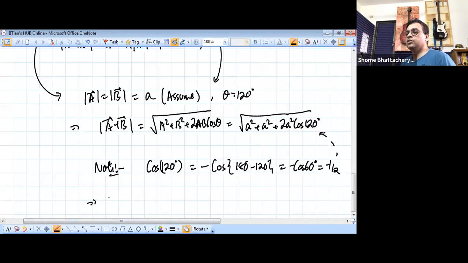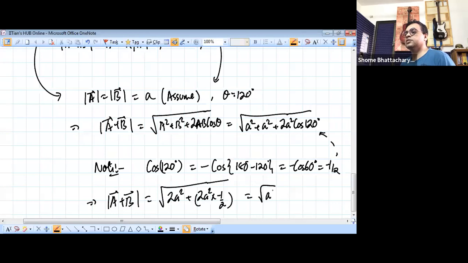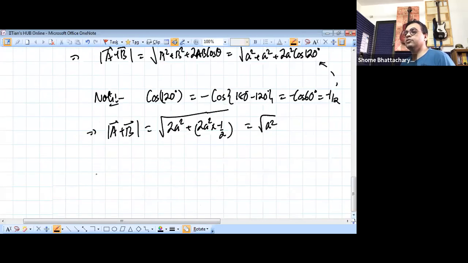So now you can see with that substitution, mod of A plus B is becoming square root of 2A square plus 2A square into minus half. So that is becoming A square inside the square root. So again, magnitude of A plus B is becoming A, which by the way is equal to magnitude of A. So therefore here what is happening?